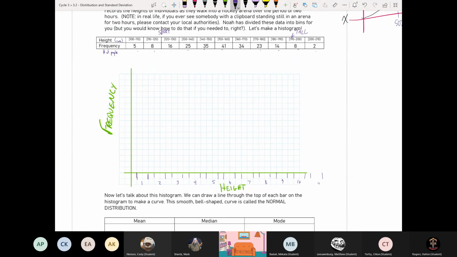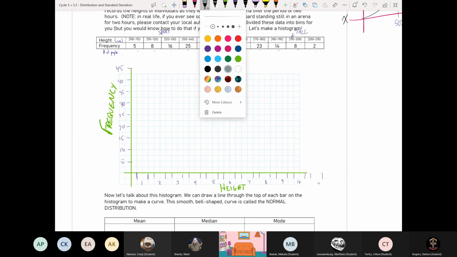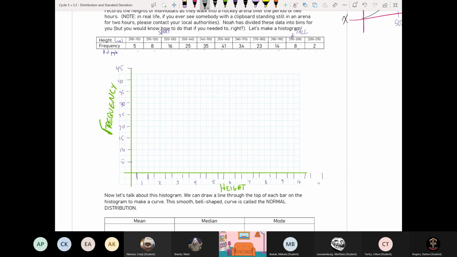All right, and then my frequency goes up to 41. So let's go like this. Let's say, perfect. And I'll put my heights in like this.